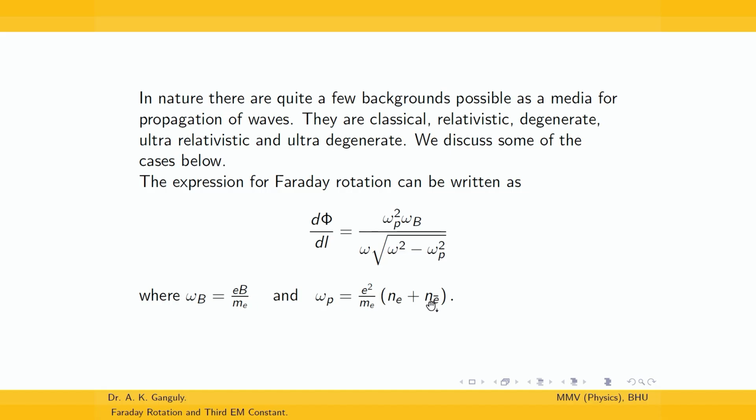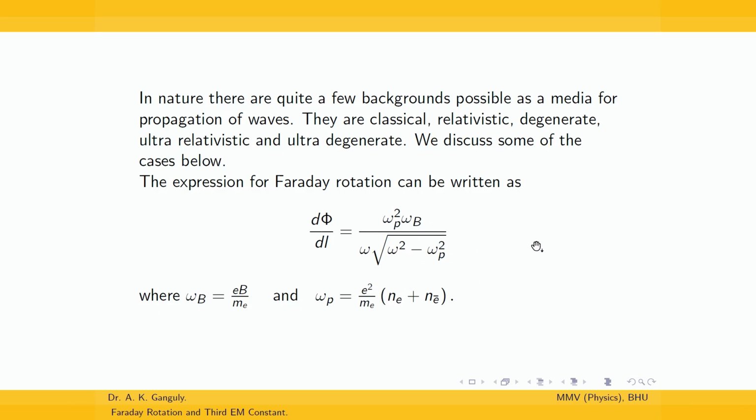And if it is a classical system, the number of antiparticles can be neglected. So, it gives you omega p square equal to essentially n e upon m e, and e square is mandatory to give the right dimension, and this is the expression.